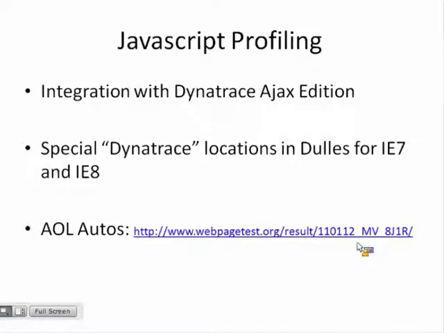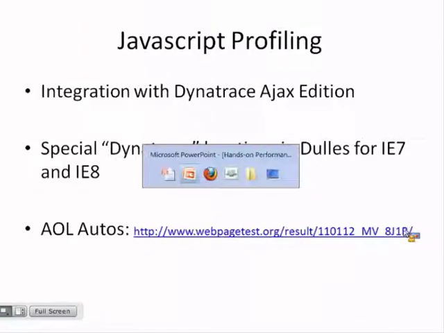In Dulles, actually instead of locations, I think it's the browser selection, where from IE6 to IE9 there are also special browser selections labeled IE7 Dynatrace and IE8 Dynatrace, which will run a Dynatrace profile on your site and give you a downloadable version of the trace file for you to analyze. It lets you reproduce the WebPagetest performance data locally. You can get it with the browsers that WebPagetest is using from WebPagetest's location and do the offline analysis at your desk.